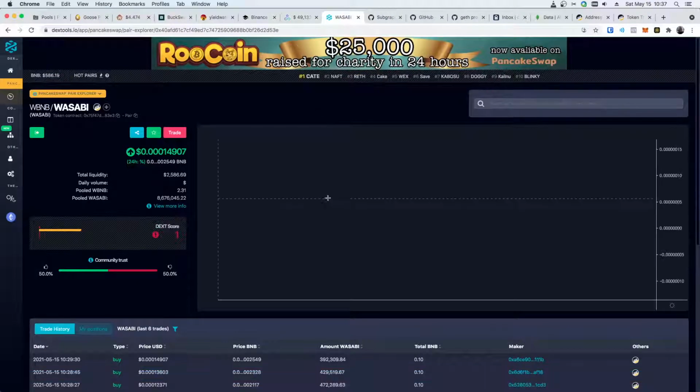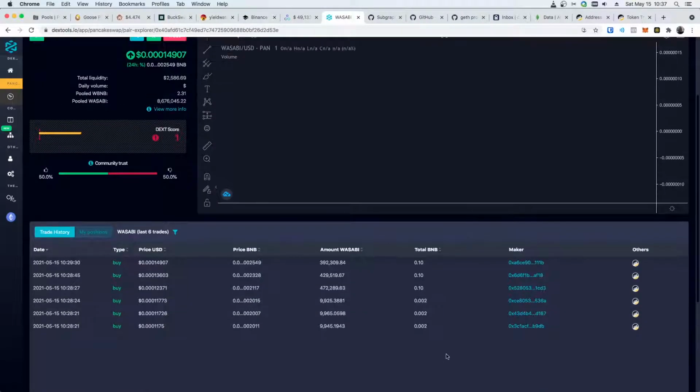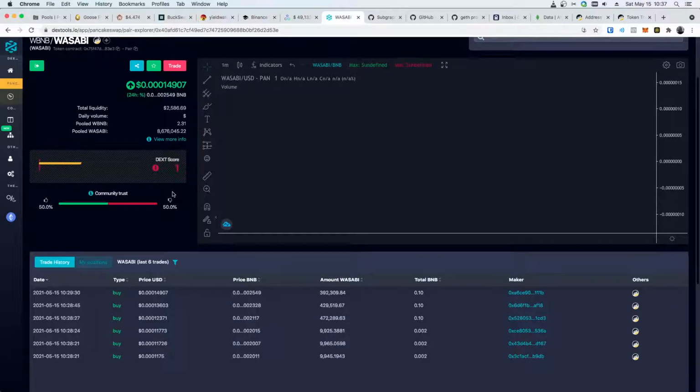But hey, at least this one sees it. All right, not a bad one, but the graph doesn't work, because there's not been a sell yet. Oh, and there's now $2,500 of liquidity in here, however they calculate that.